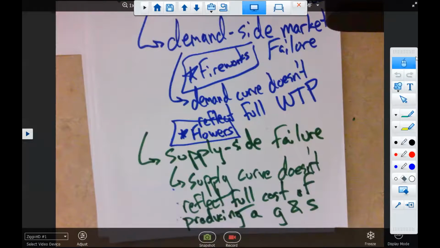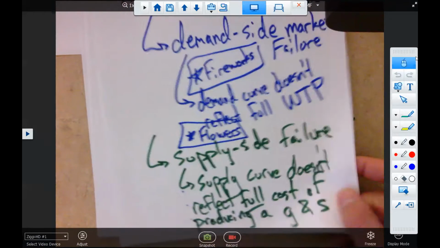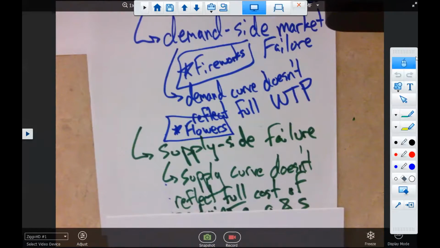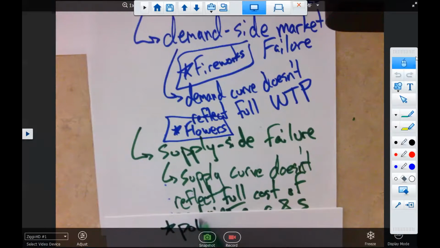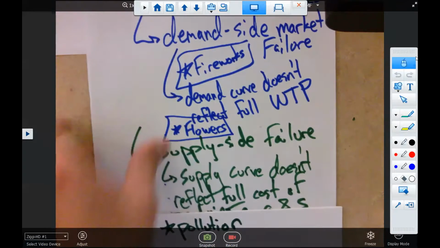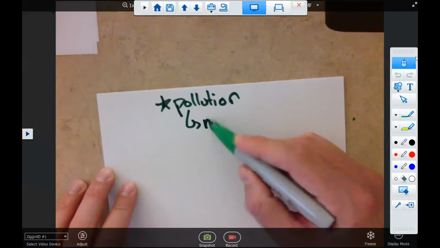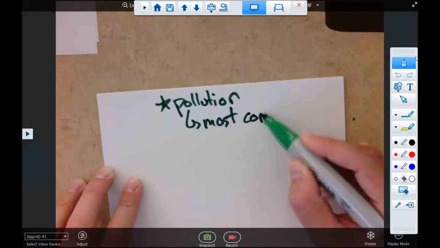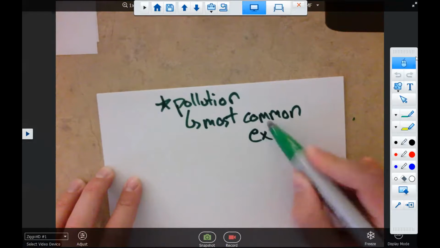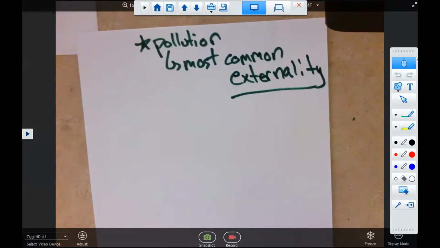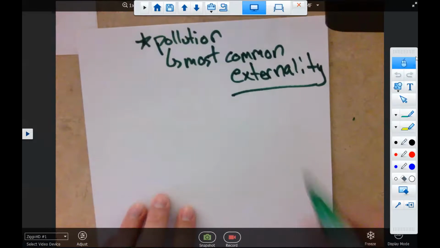Okay. Now, what about a supply side failure? The biggest one that we usually talk about is pollution. So this is probably the most common externality. What do we mean when we say externality? External factor that what?